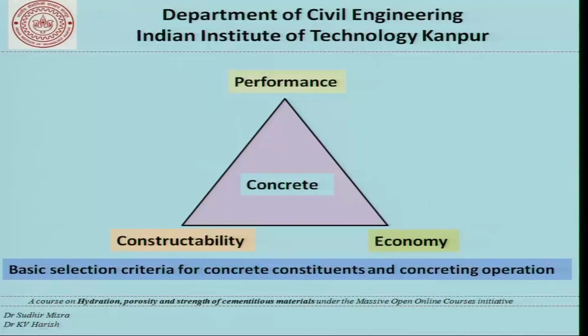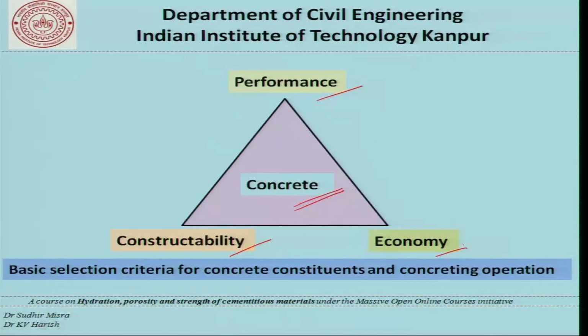Now, going back to this slide, which is more or less the same as what we used perhaps in the first few lectures, concrete needs to be evaluated from the point of view of performance, constructability and economy, and we need to have the basic selection criteria for concrete constituents and concreting operations, keeping these three things in mind.